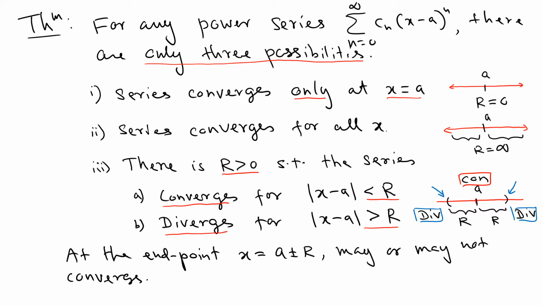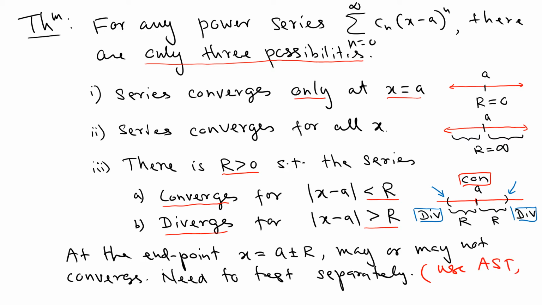If there is a (-1)^n term, we can use the alternating series test, and for other ones we use all the other common tests like direct comparison and limit comparison, whatever applies. Okay, good. So that is the major theorem.